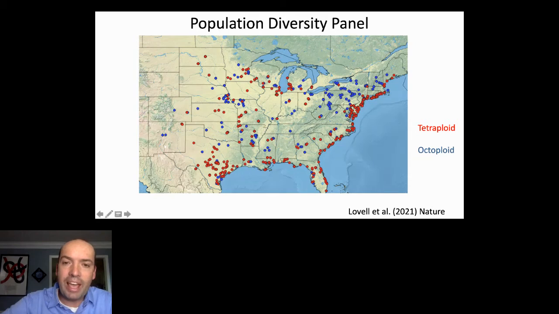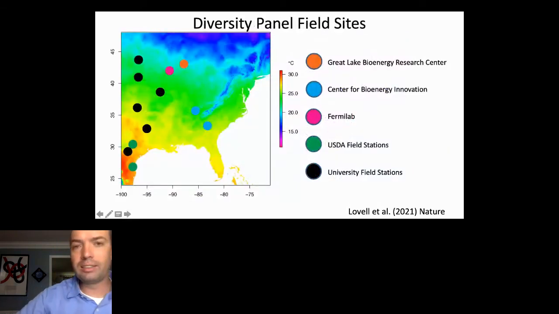And this diversity panel was collected over many years. And then the Joint Genome Institute and HudsonAlpha have worked to sequence or resequence all of these tetraploid and octoploid lines, which we've now planted into common gardens as well. And those common garden experiments are now located at many different locations, including the Great Lakes Bioenergy Research Center, which I'm part of, in Michigan, the Fermilab, a number of university field stations.